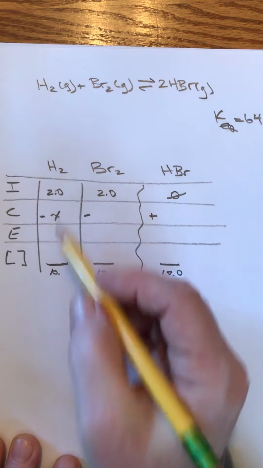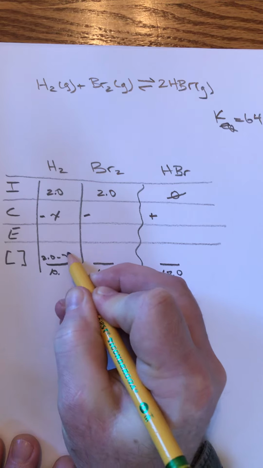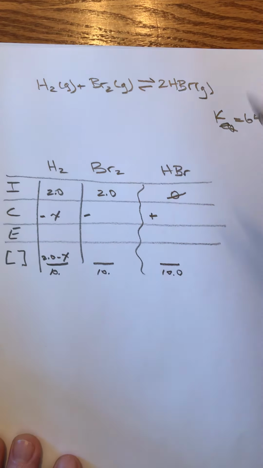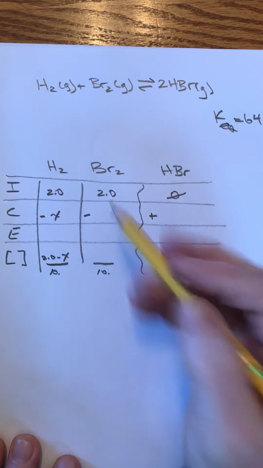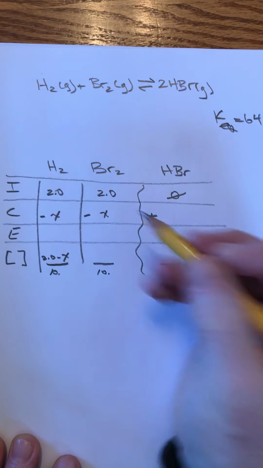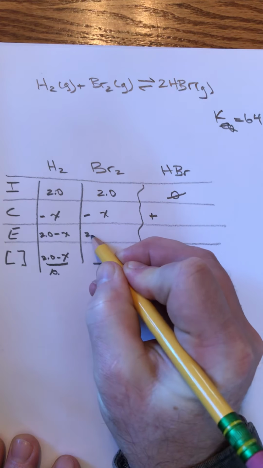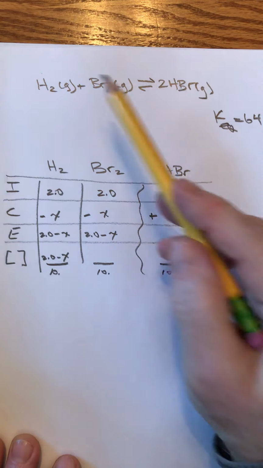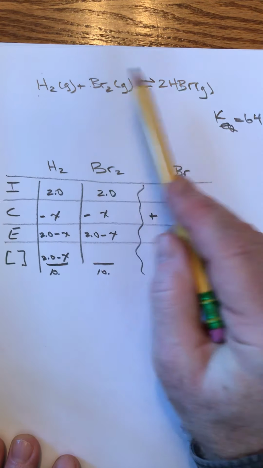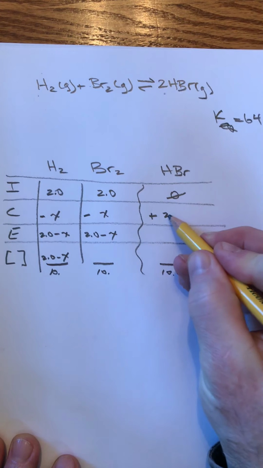When I'm done, this is going to be 2 minus X. Stoichiometrically, it's 1 to 1 with hydrogen and bromine, so this is also going to be X. And this is 2 minus X. And stoichiometrically, if this is X and that's X, then this is 2X. It's a coefficient of 2. So this is going to be 2x.